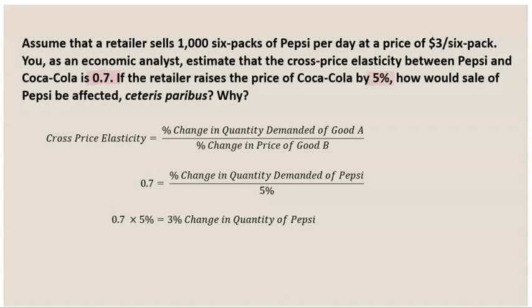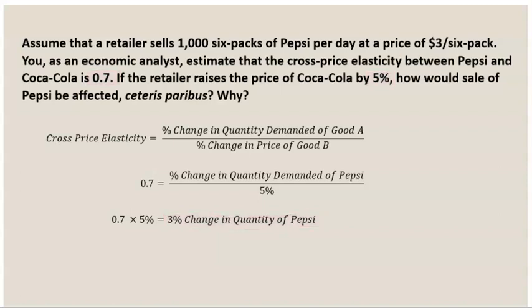That gives us enough information because there's only one missing variable in order to calculate that. And if we rearrange this algebraically, that would give us an answer of a 3.5% change in the quantity of Pepsi.